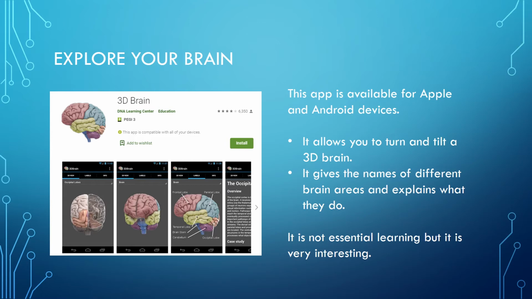The 3D Brain is an app that you can download for both Apple and Android devices, and I'd really recommend that you take a look at it. You can manipulate the brain, turn it round, and peel parts off so that you can see the inside structures. Anybody who's interested in either psychology or biology, it's really worth looking at.